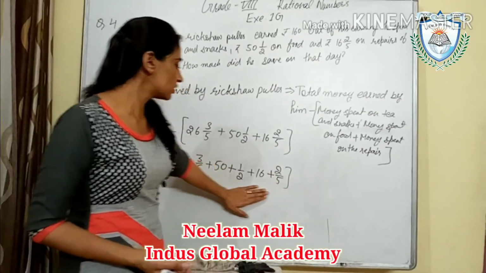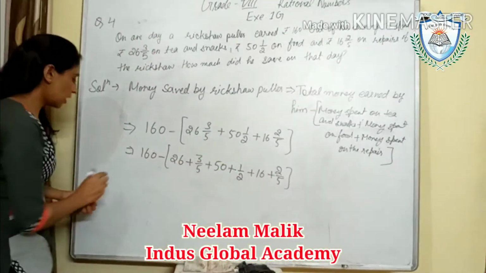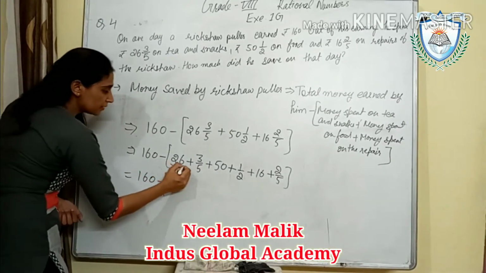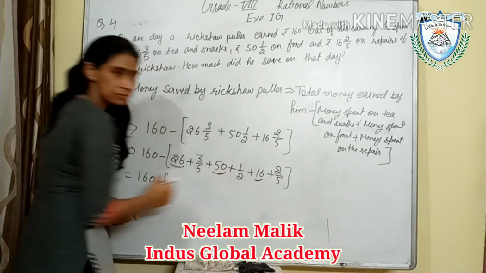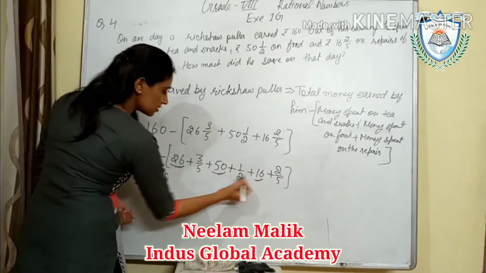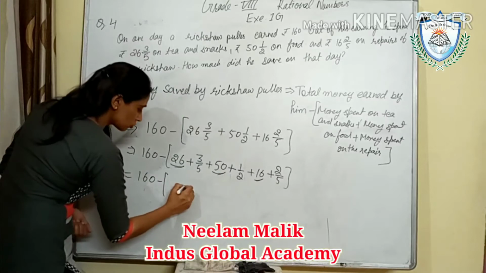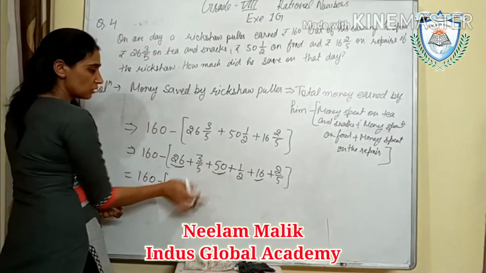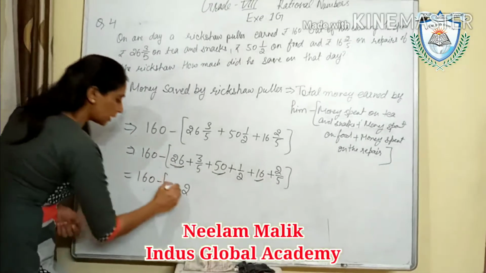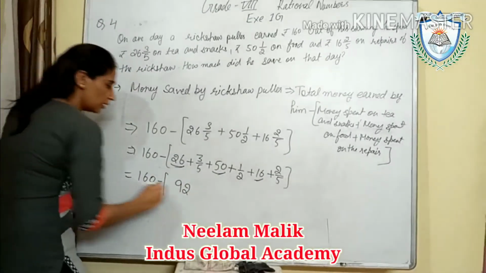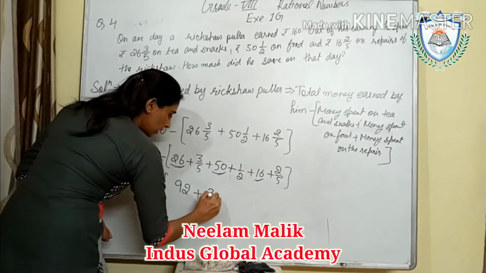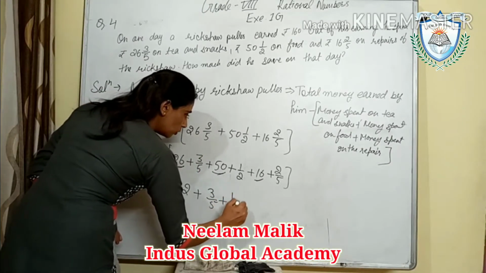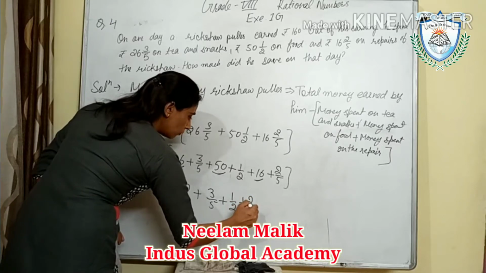So this is a very easy method. Now 160 minus, now add the wholes: 26, 50 and 16 make 92, plus the fractional parts separately, 3/5 plus 1/2 plus 2/5.